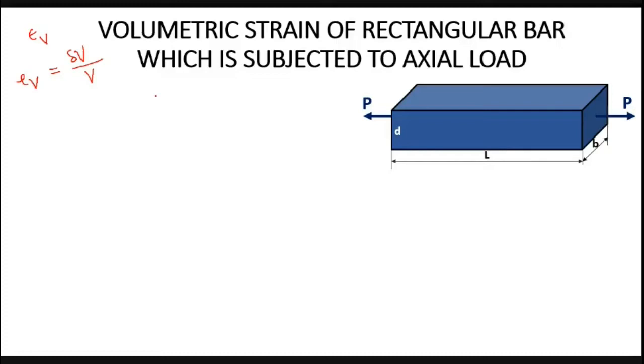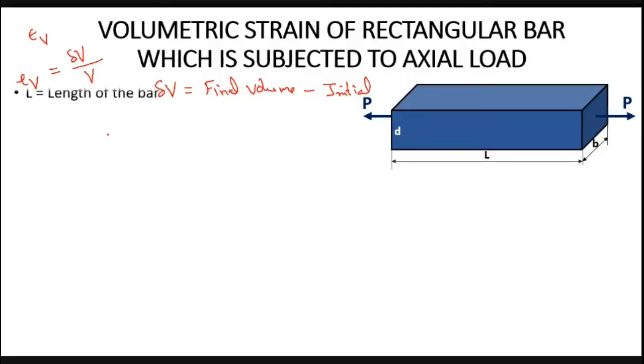To find the change in volume, final volume minus initial volume. The volume before applying the load is the initial volume, and the volume after applying the load is the final volume. If I subtract these two, I get the change in volume. Then I divide it by the original, which is the initial value, and I will get the volumetric strain.